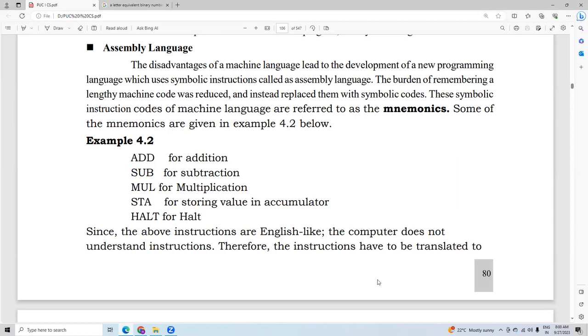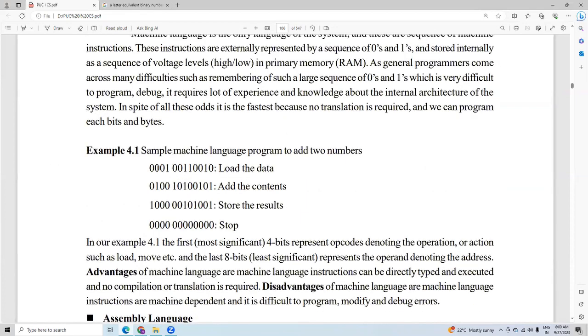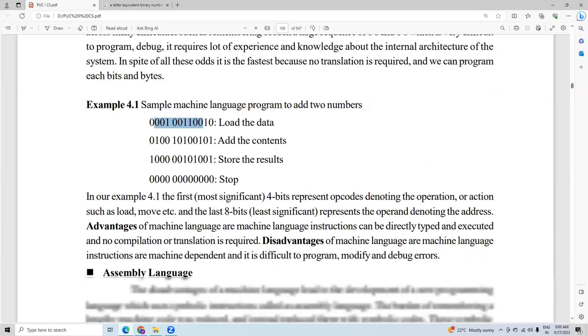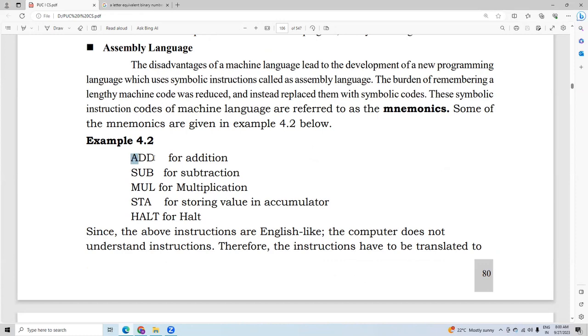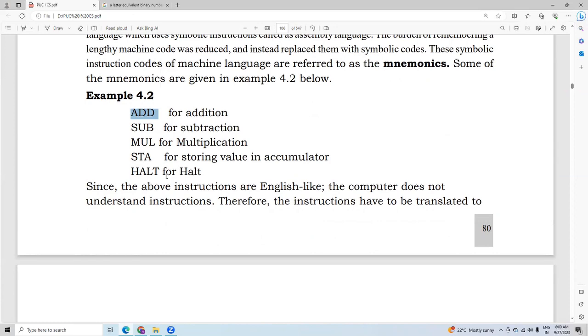Those symbolic codes, which are provided in the form of English words, are called what? Mnemonics. See there? They are called mnemonics, right? Earlier in machine level language the codes were in binary; now they are all replaced by English words, which are very easy to write.